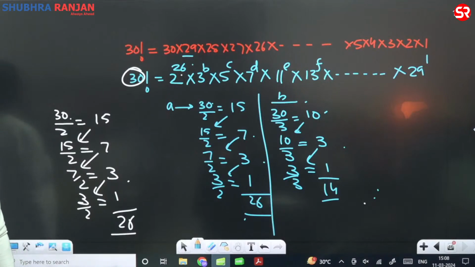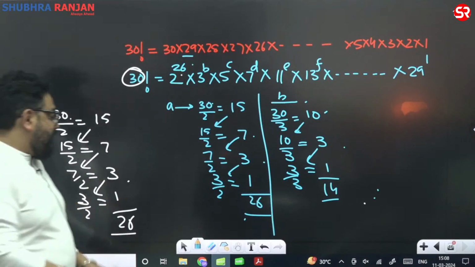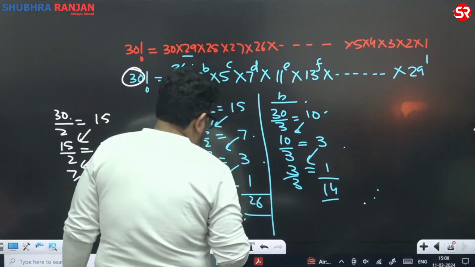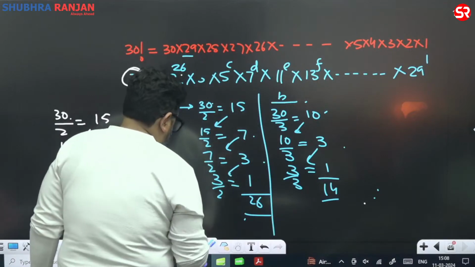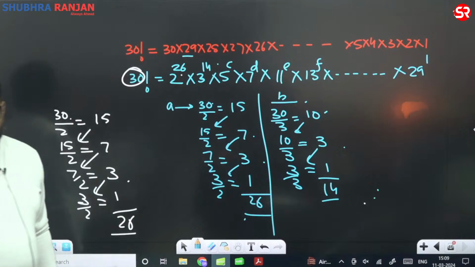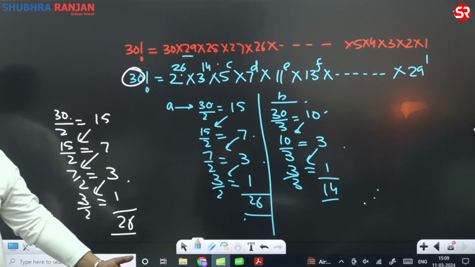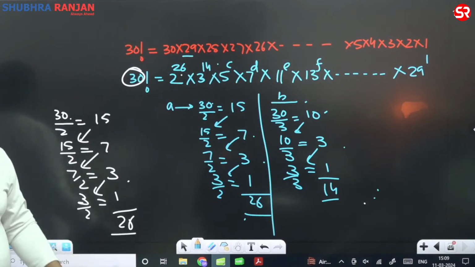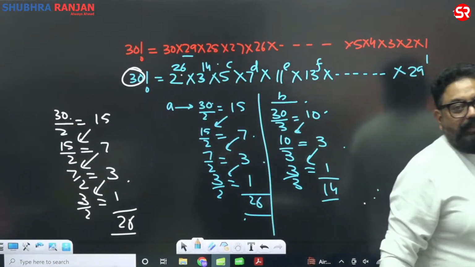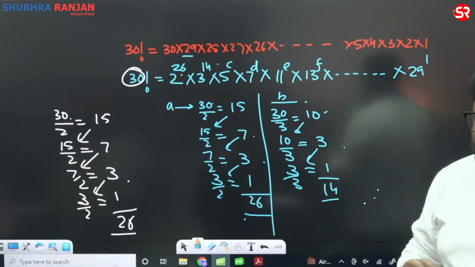Adding them gives 14, understood? So how many times does 3 occur? 3 occurs 14 times. It's a simple method, isn't it? So I may ask you what is the maximum power of 3 in 30 factorial? So you would say, sir, 14.